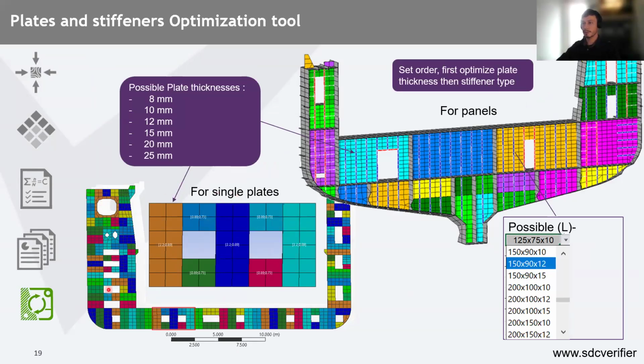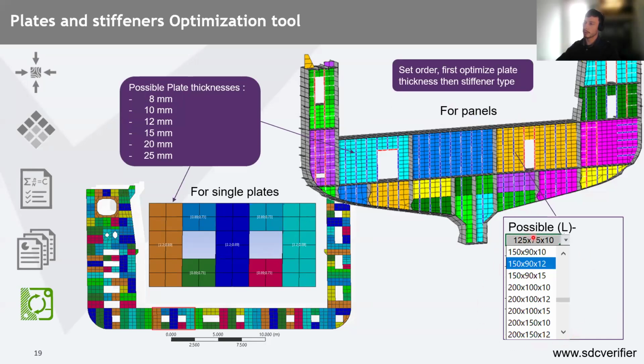So here, for example, for plate buckling checks, we can select the plates which we would like to optimize, choose the possible plate thicknesses. We can select, for example, the range from, let's say, 8 to 25 millimeters with some step of thickness. And also we can optimize our stiffeners in one go.